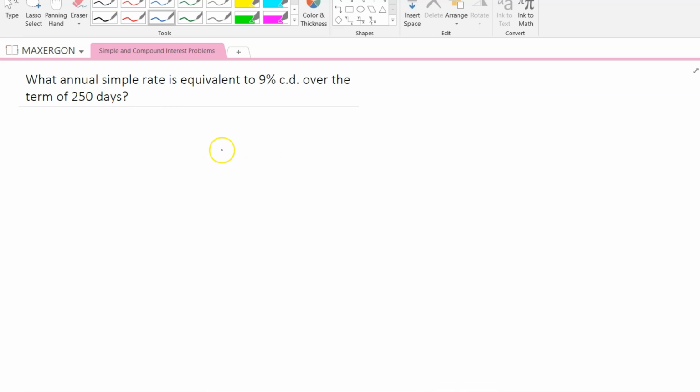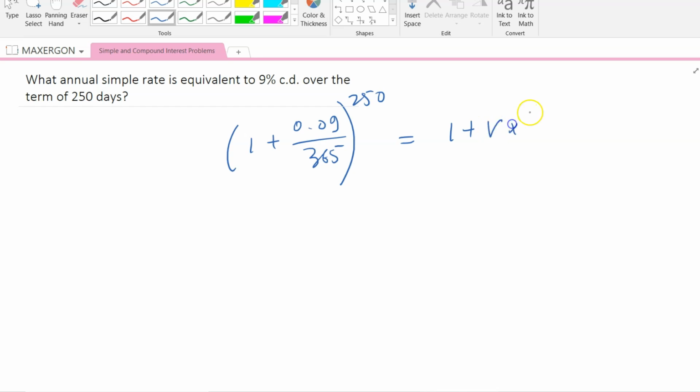So what we'll do, we'll find future value of $1 invested at 9% compounded daily for 250 days. And that should be equal to 1 plus some simple rate, which we don't know, which also is invested for 250 days.